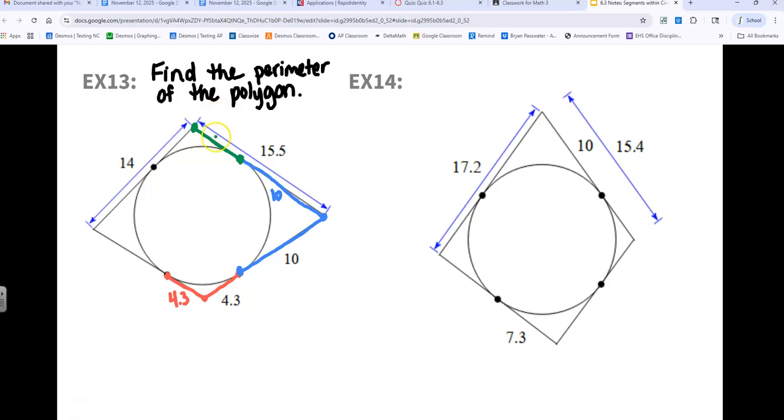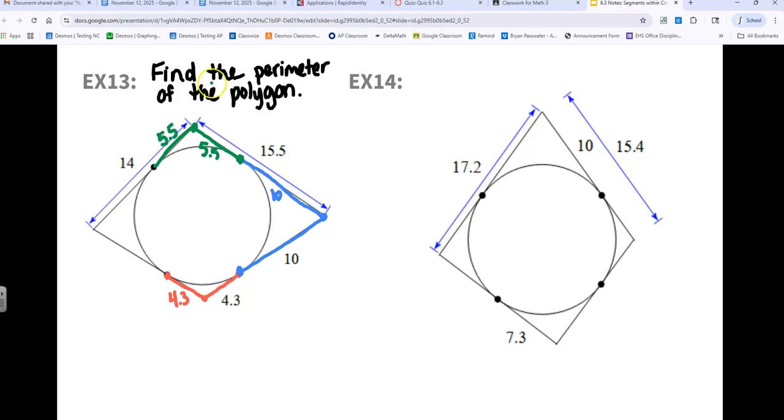If this was 10 and this was 10, that whole side would be 20. What would this be? Can't be 10. 5.5, because the whole side is 15.5. This piece is 10, so this would be 5.5, which means this piece is also 5.5.